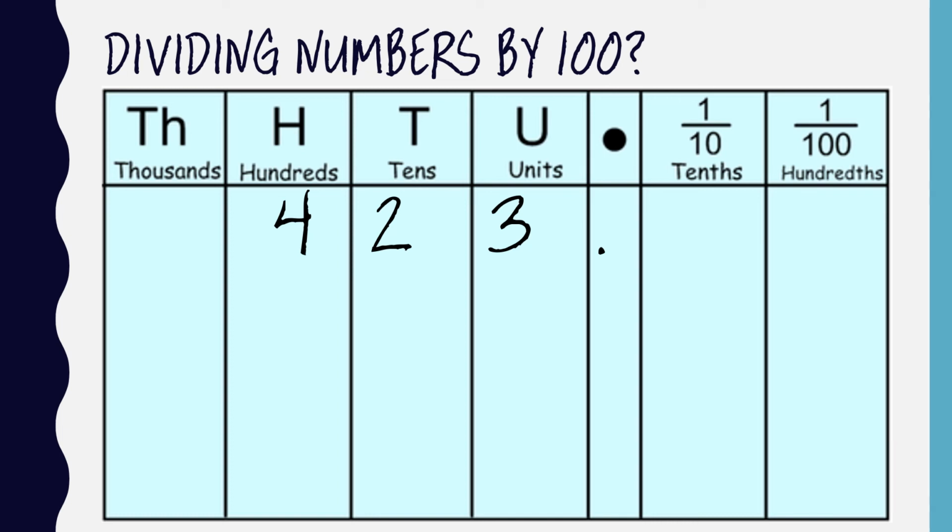Finally, we have 423. And again, I need to put my other 0 in there because we are dividing by 1,000. Share it by 1,000. Off you go, have a go.